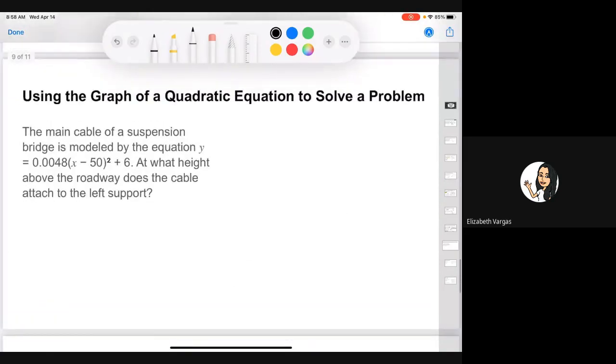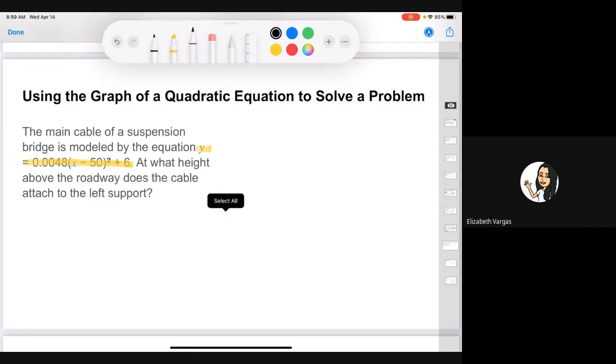And so we'll look at an example question right now. Okay, so now that we have that equation, what we can do with it is actually solve or answer a problem. So this one asks, at what height above the railroad does the cable attach to the left support?